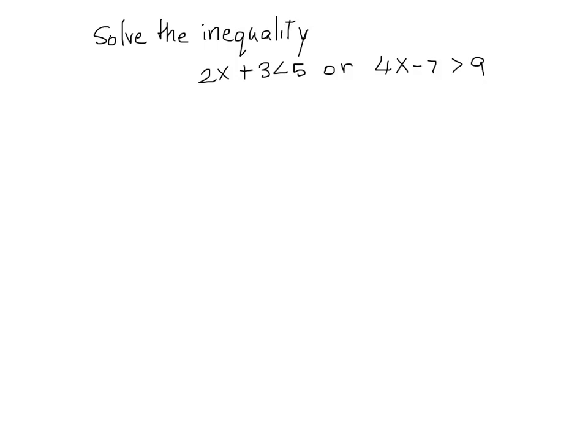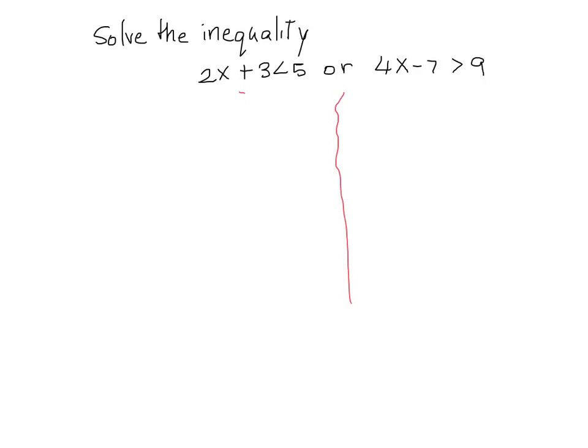Because we have either 2x plus 3 is less than 5 or 4x minus 7 is greater than 9, we're not going to jump in and try to solve it all at once like we did for the AND inequality. We're just going to solve it separately. So let's put a little line down the middle here, so we feel like we're doing two separate problems, even though it's the same problem.